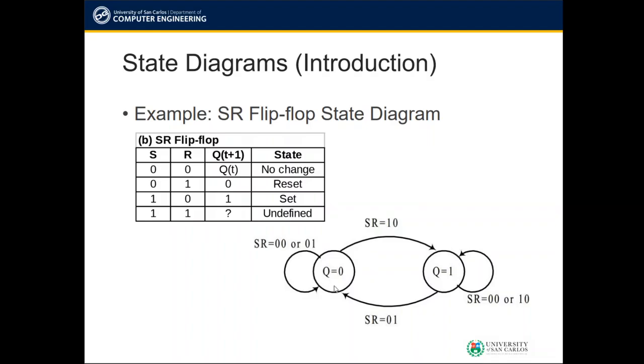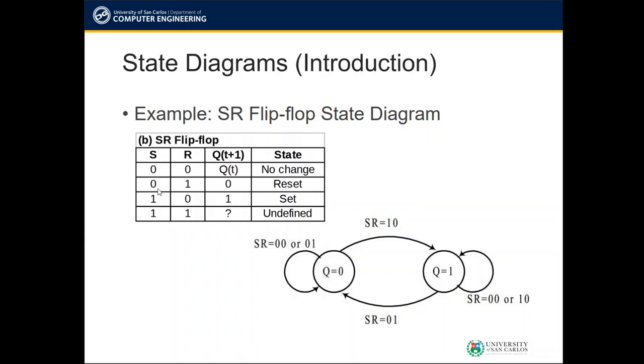Let's start with Q equals 0. This is the present state, Q equals 0. There are three inputs in this case: 0, 0, 0, 1, or 1, 0. If we input 0, 0, the status is no change, so it only goes back to itself.